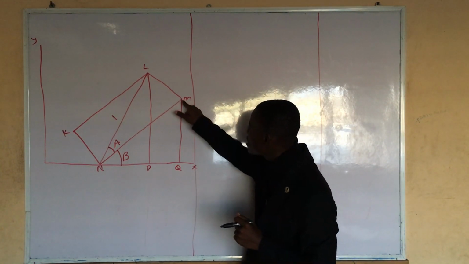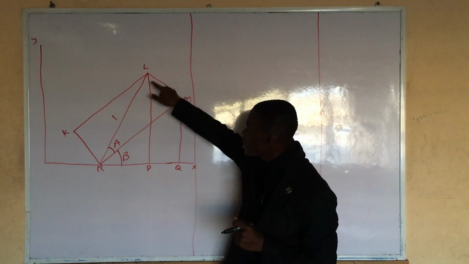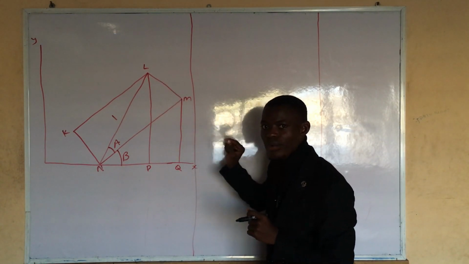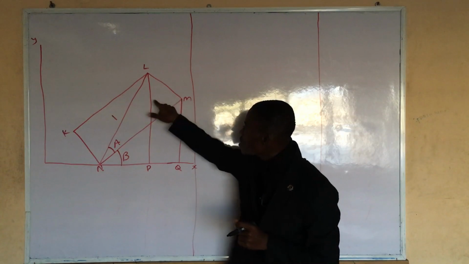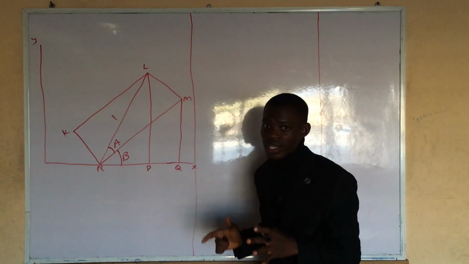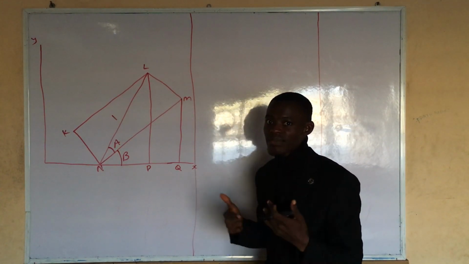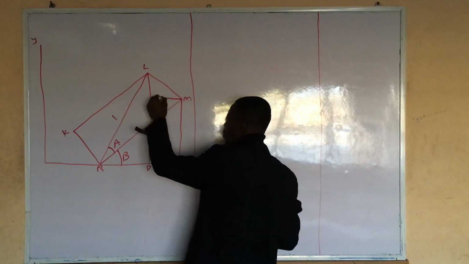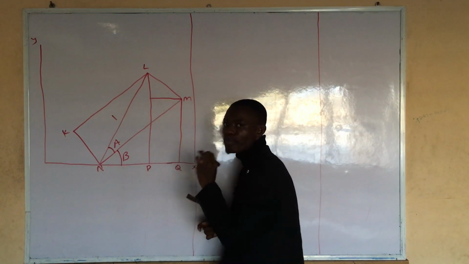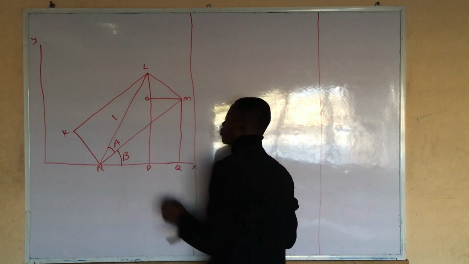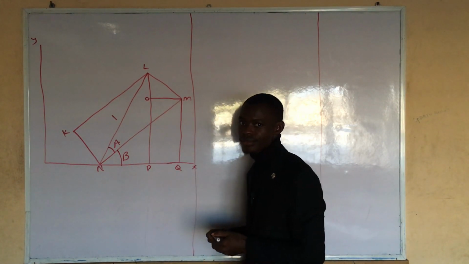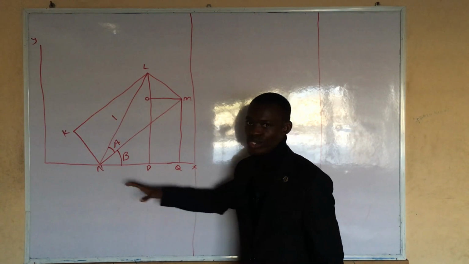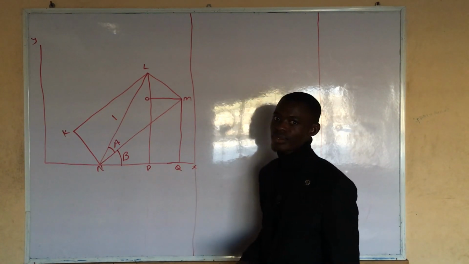Let's extend M to the line LP. The point at which this extension meets LP, we must label as well so that it can be identifiable. Let's call that point O. Perfect. This is enough for us to show what we actually want to show.